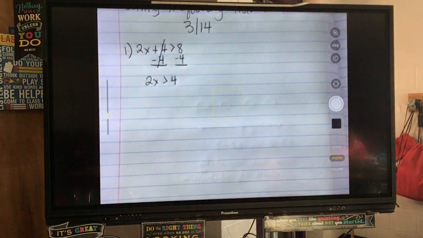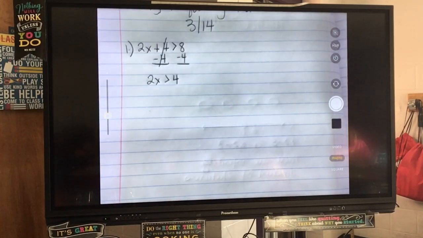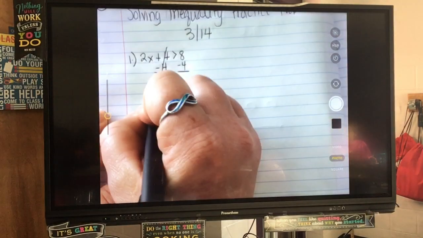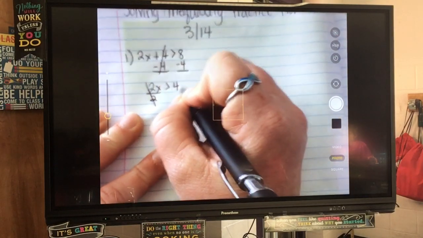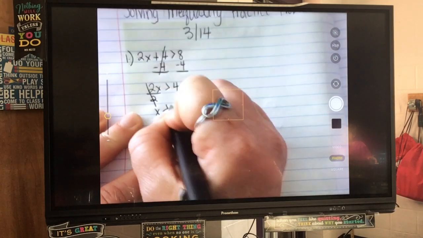All right, so that's step one. Did you want to do step two? Oh, yeah, okay, the opposite of multiplication is division, so you divide by 2, and 4 divided by 2 is 2. So x is greater than 2.